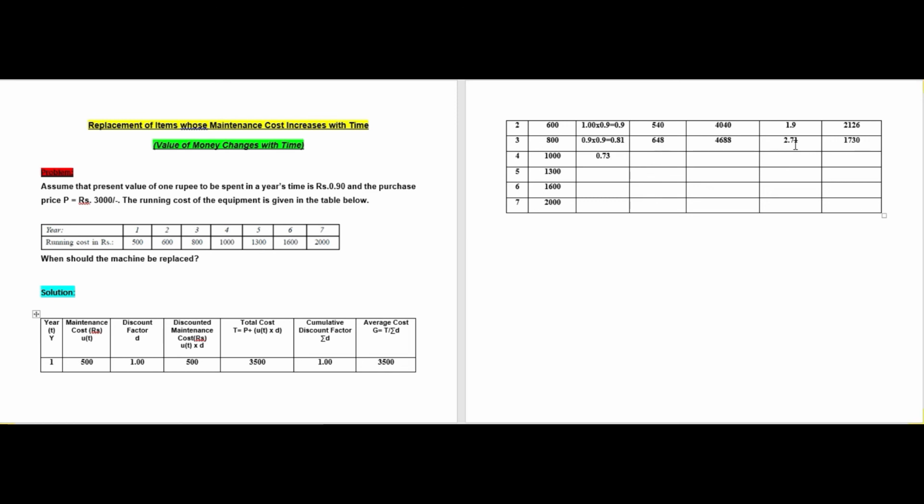The discounted maintenance cost, multiplying 1000 into 0.73, becomes 730, and the total cost equals 4688 plus 730, which becomes 5418.